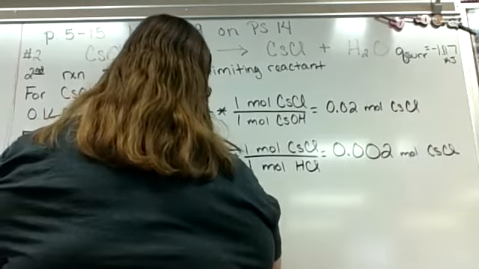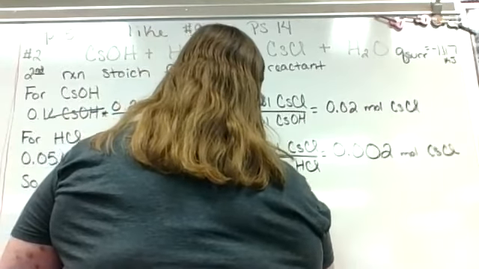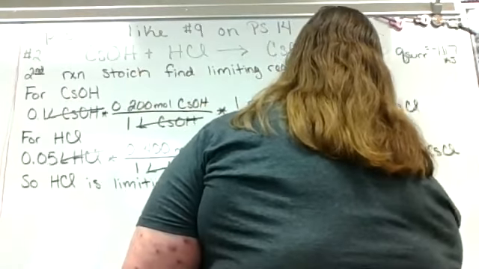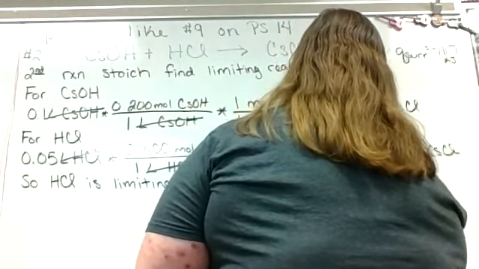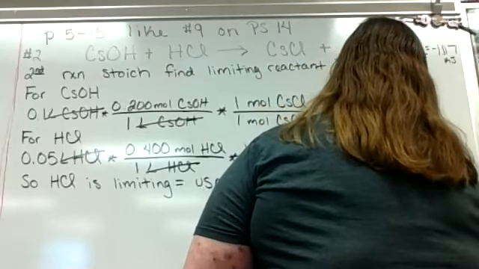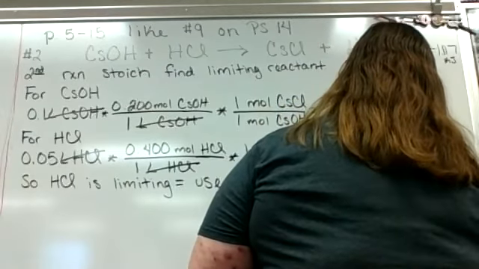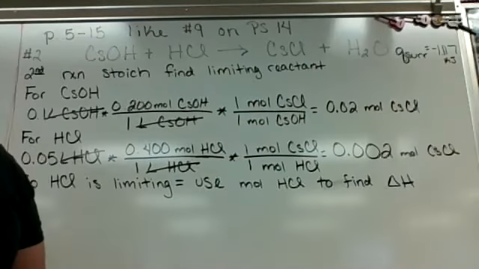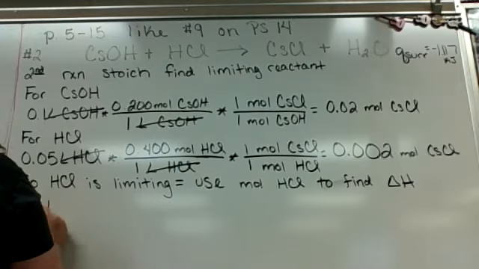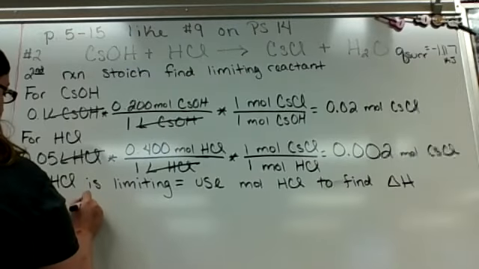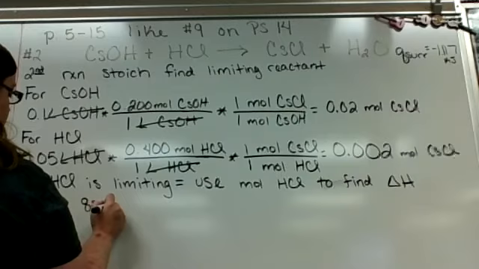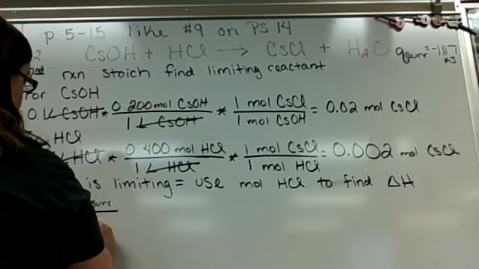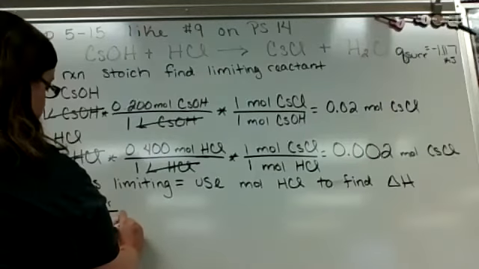So you're going to use the moles of HCl to find delta H. So delta H is the surroundings, because that's what we want, over the moles of HCl.